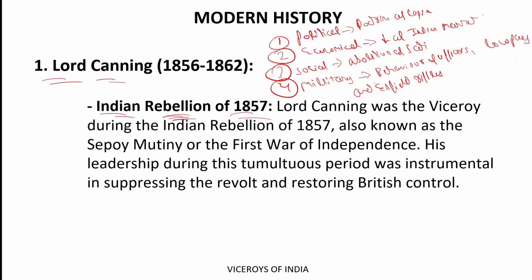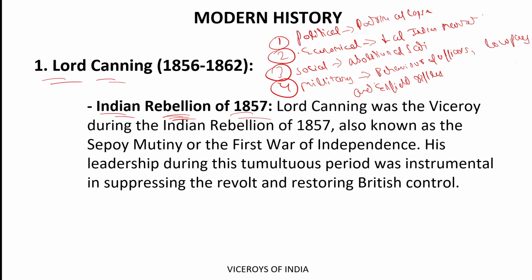First is the doctrine of lapse, which was introduced during the time of Dalhousie. As we just discussed, the doctrine of lapse states that if a state does not have a natural heir, or the heir is adopted, then he will not be recognized as king, and the kingdom will go into the hands of the British.